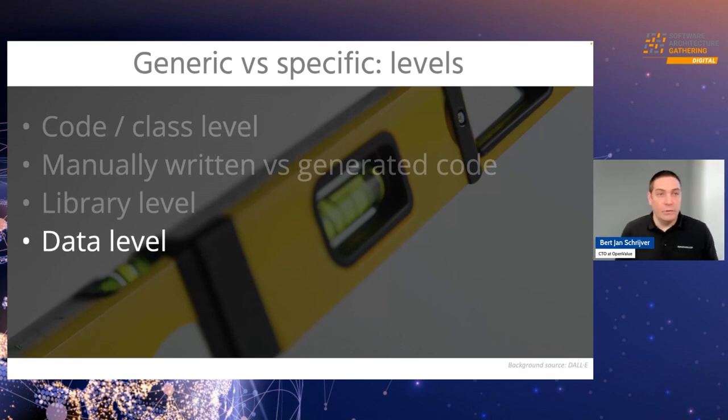On a data level. I have an interesting experience with larger organizations and data models. So a question that you can always ask is, should we have a generic shared data model in the organization, a canonical data model or not?